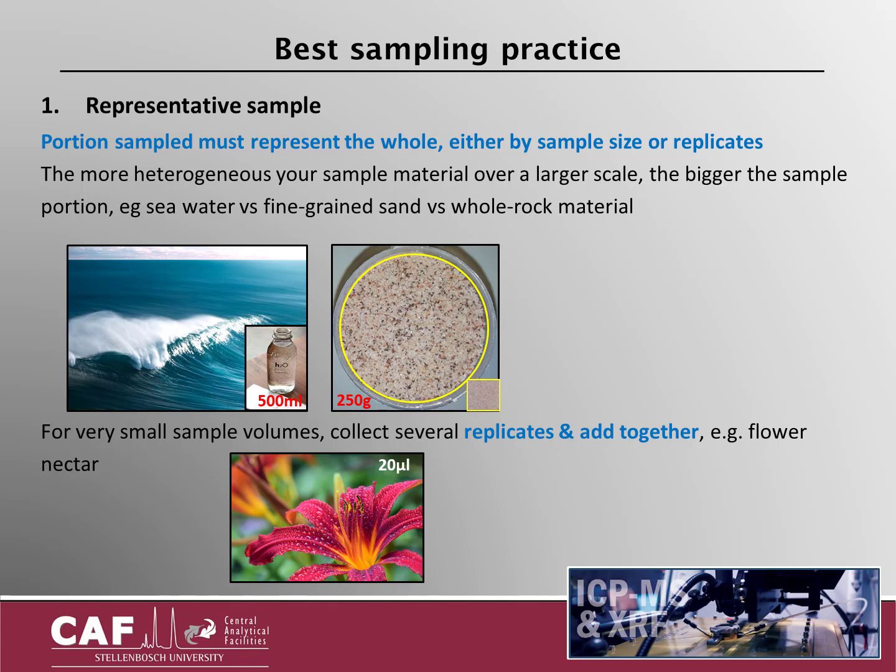So if you only take a fistful of sample, you're not going to have a representative sample of the whole material. When you're working with very small samples, for instance, if you're looking at flower nectar, where you can typically not sample more than 20 microliters per flower, you have to collect several replicates and add them together to have enough sample to work with.